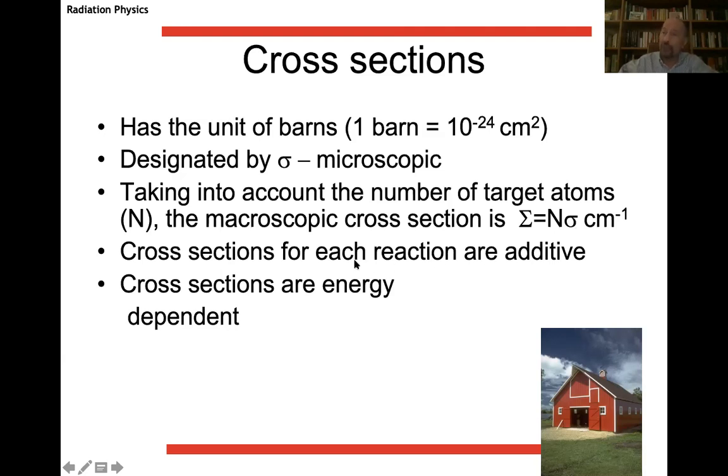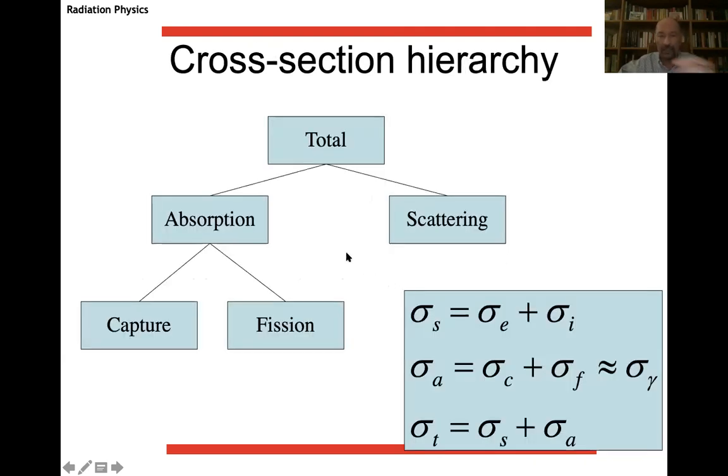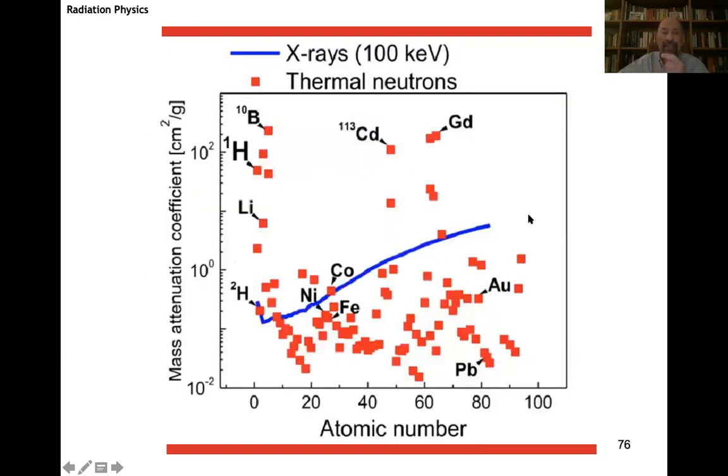The cross-sections for each reaction are additive, and they are, of course, energy dependent. I mean, this is the example of how they are additive. You see, you have the total, and the different cross-sections will sum up depending on the different processes that the neutrons undergo. And this is interesting.